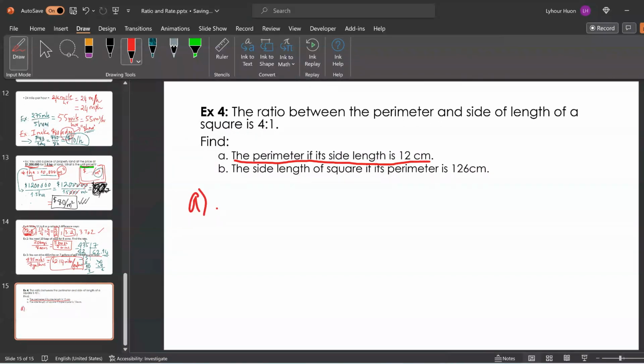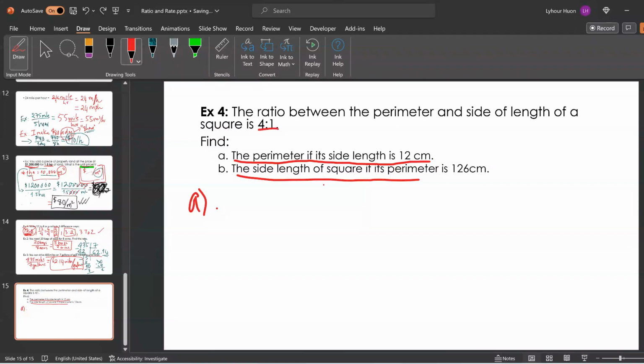My bad. Question B is find the length. This clause is: if its side length is 12.